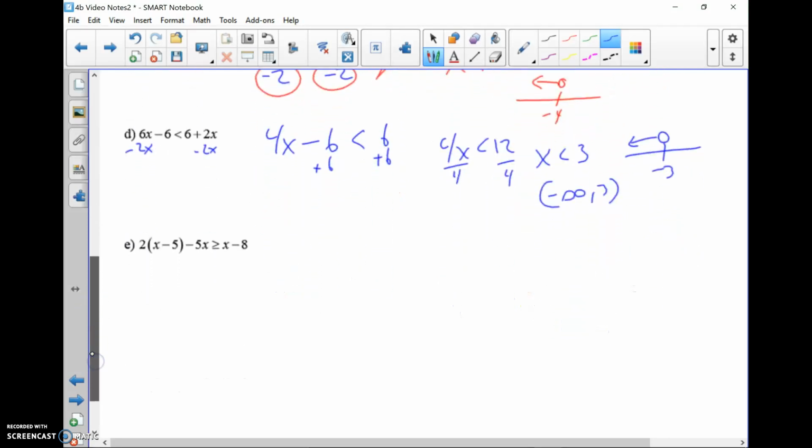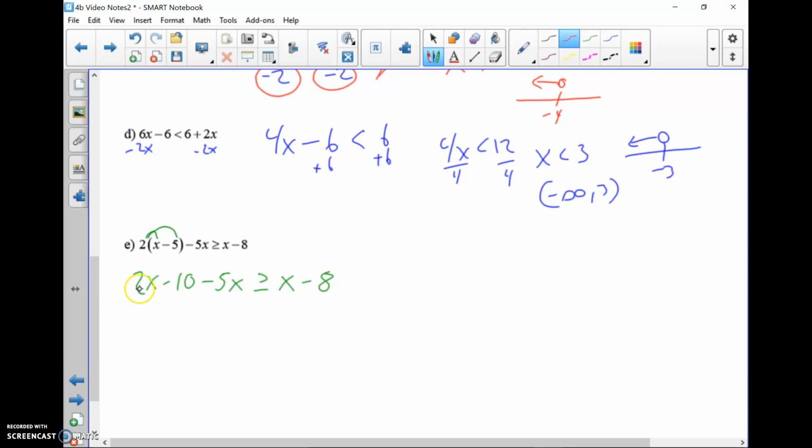And my last one here, just trying to make it a little bit more challenging. We do have some distribution we're going to do. We're going to take care of that right away. Makes it 2x minus 10 minus 5x is greater than or equal to x minus 8. I see I have multiple x terms. First, I want to do same side cleanup.